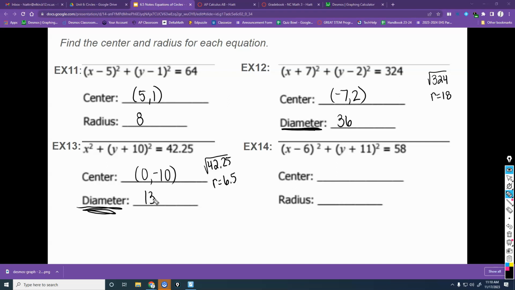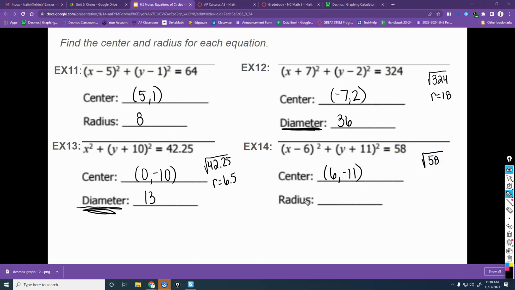Okay. Ayla, what would the center of number 14 be? 6, negative 11. Perfect. Passion, how do we find the radius? I know that's really small. That's a 58 right there. Oh, no. Square root. So it's different than dividing by half. We are taking the square root of 58.